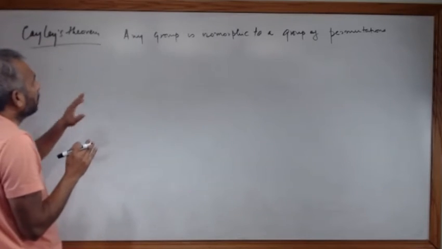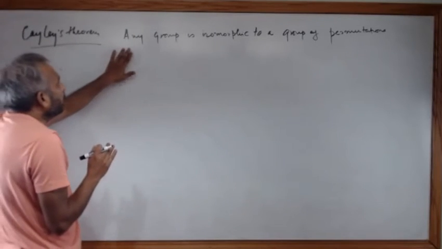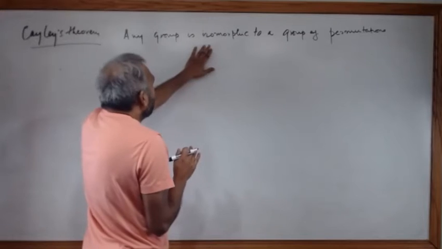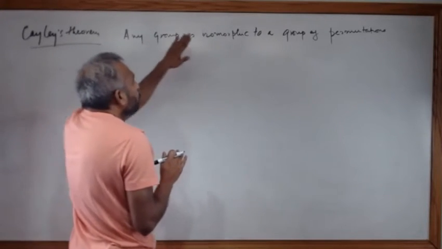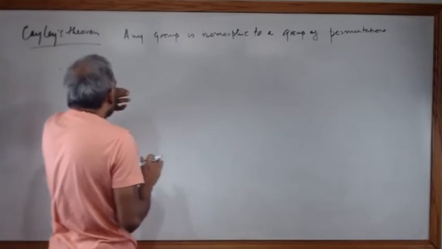So what we need to do is define a bijective homomorphism from a group to a group of permutations.